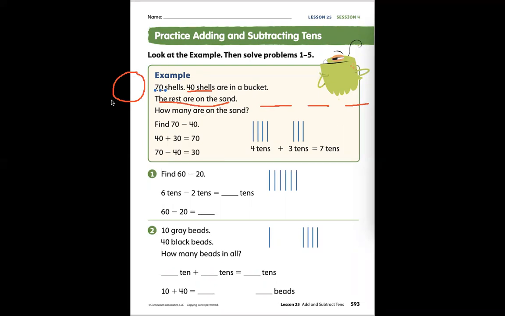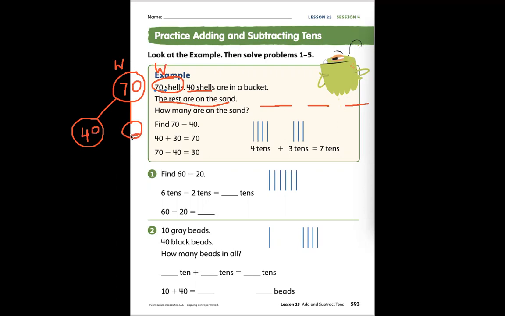I like to draw number bonds. If there are 70 shells and 40 of them are in the bucket, 70 has to be my what? My whole, right? 70. 40 of those 70 are in a bucket.